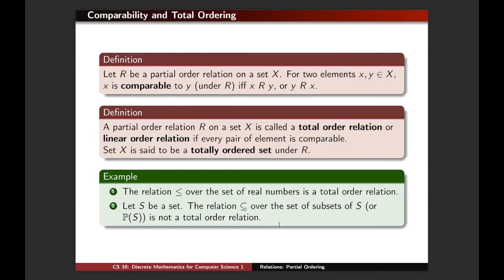An example of a partial order relation that is not a total order relation is this inclusion that is relating subsets of a certain set. So why do we say that this is not a total order relation? We must be able to show one scenario where we have two subsets that are incomparable.